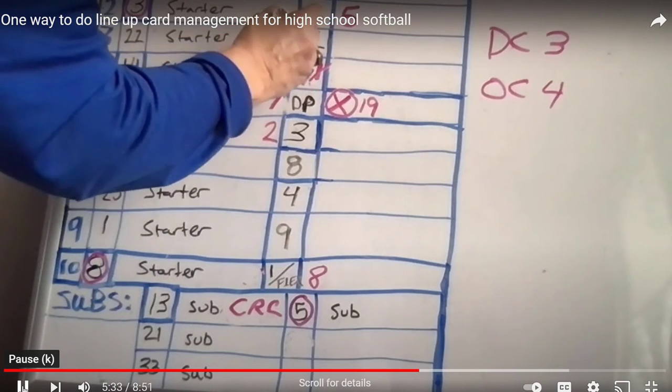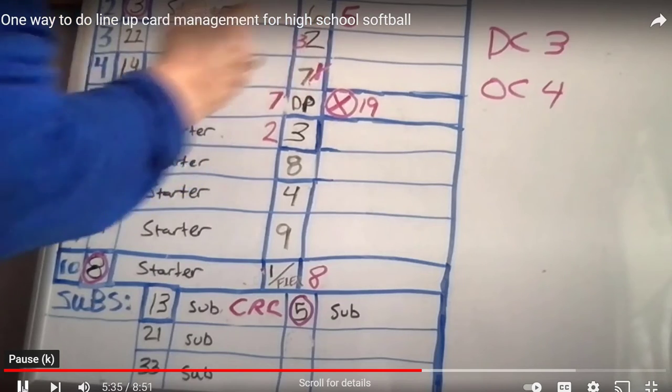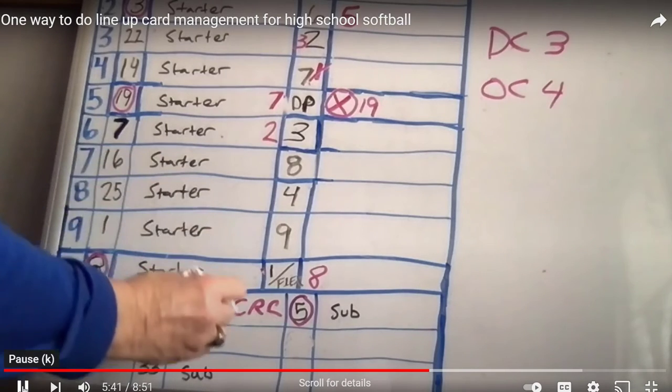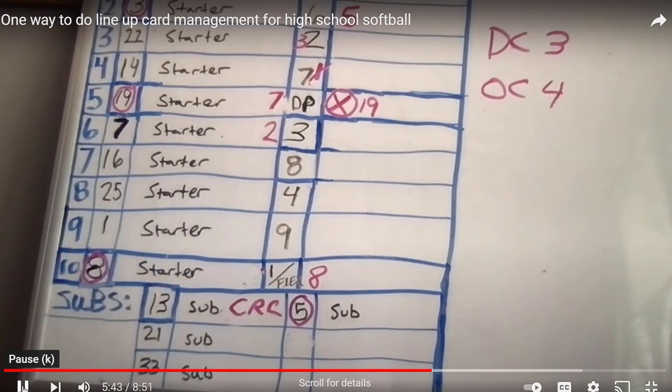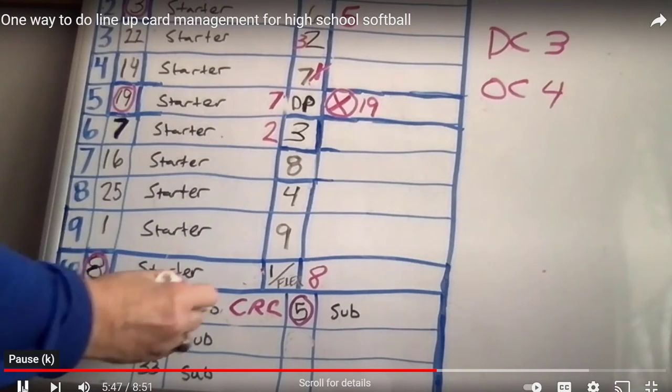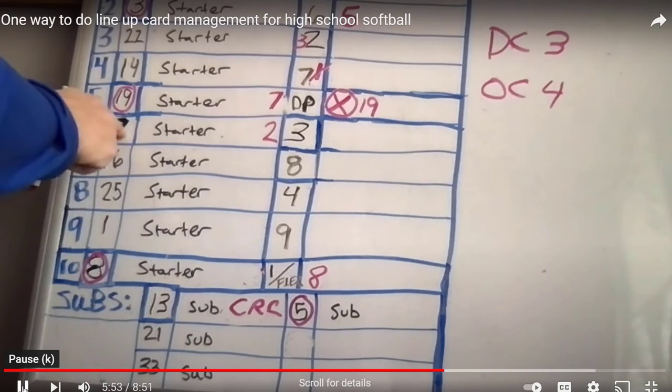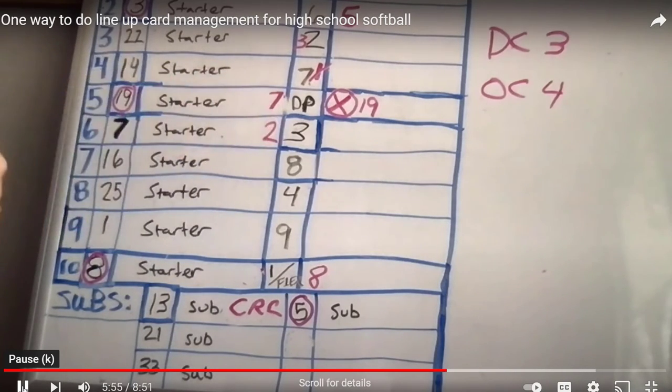And we're going to put first baseman here. Now if number 7 gets on base, number 13 can courtesy run for her. You don't have to write anything down for that. You just say courtesy runner for the catcher, number 13. It's a different kid, but it goes with the position.